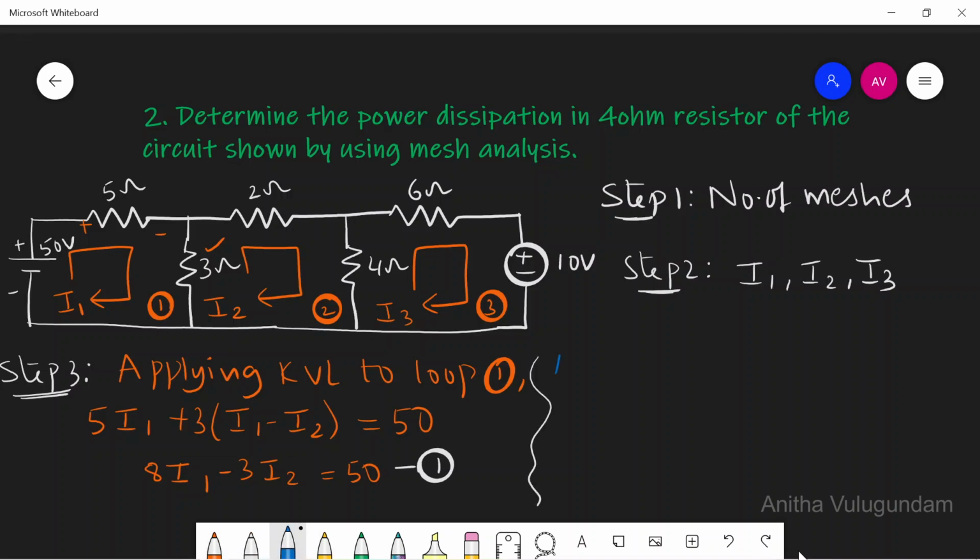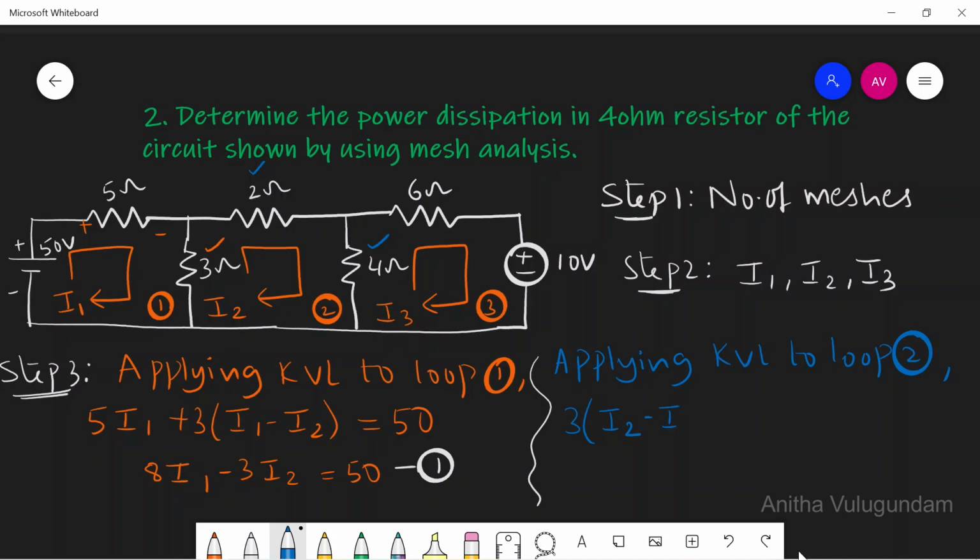Next, applying KVL to loop 2. If you apply KVL in loop 2, we have 3 resistors, 3 ohm, 2 ohm and 4 ohm. Let us start with 3 ohm. In 3 ohm, two currents are flowing, I2 and I1. While writing the KVL equation, you should consider the current flowing in that loop is greater than the other currents.